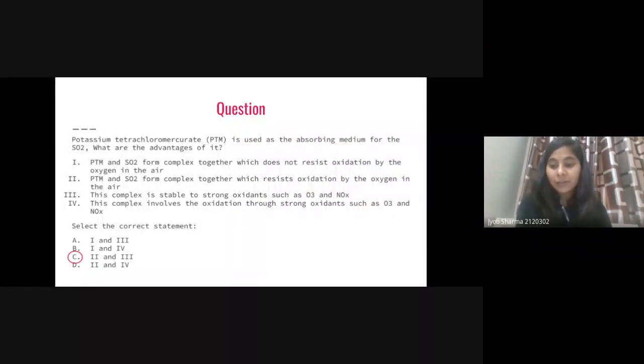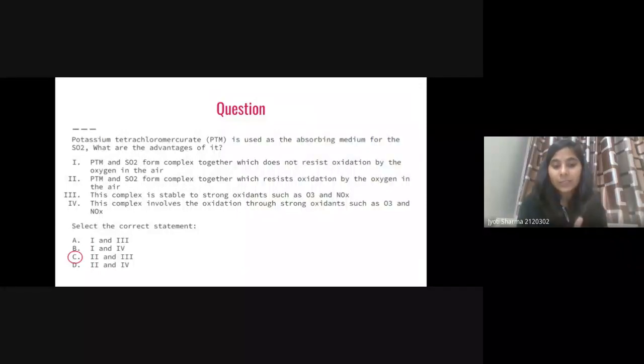Nitrogen dioxide and ozone have oxygen molecules, so these are known as strong oxidants. So we need an absorbing medium that can resist the oxidation. Otherwise the concentration of the sulfur dioxide will fade out.